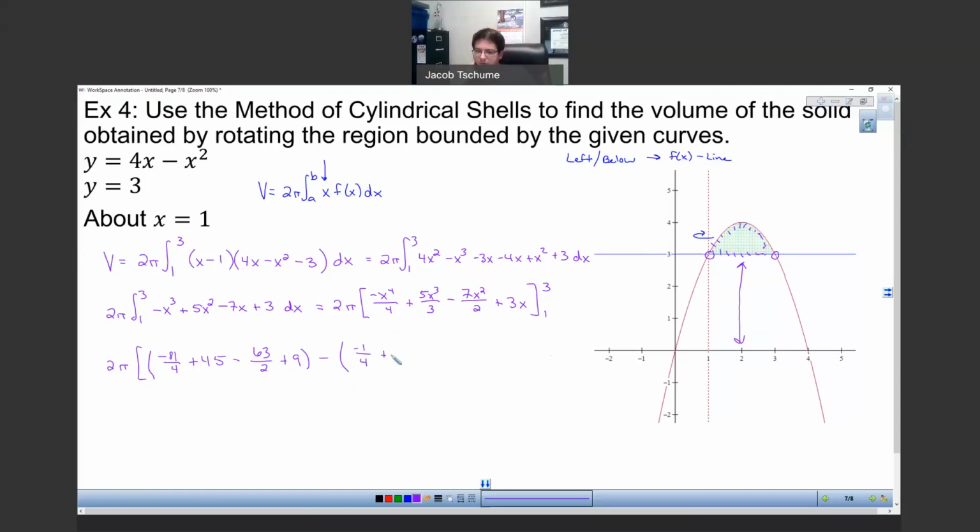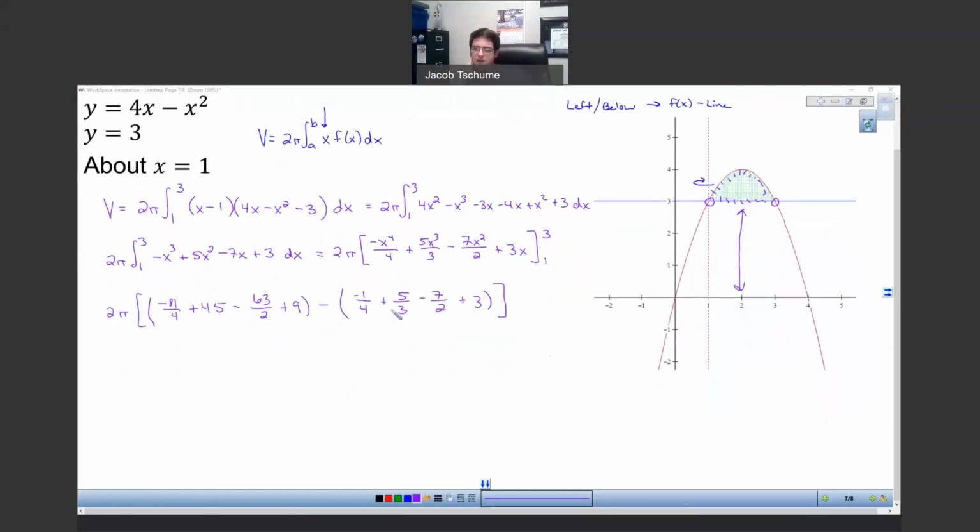That'll be negative 1/4 plus 5/3 minus 7/2 plus 3. All right, so let's combine what we can. So you're going to have a negative 81/4, 45 and 9 gives you 54, minus 63 over 2. Then you get a plus 1/4, a minus 5/3, a plus 7/2, and a minus 3.